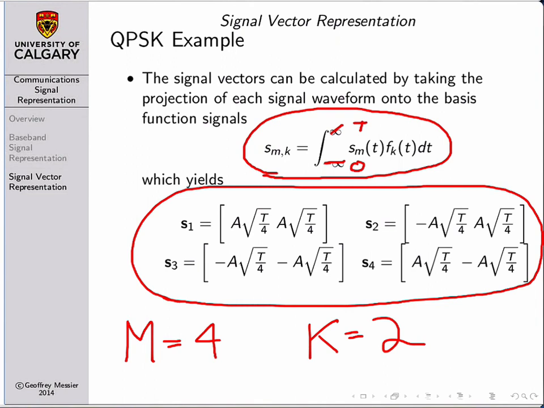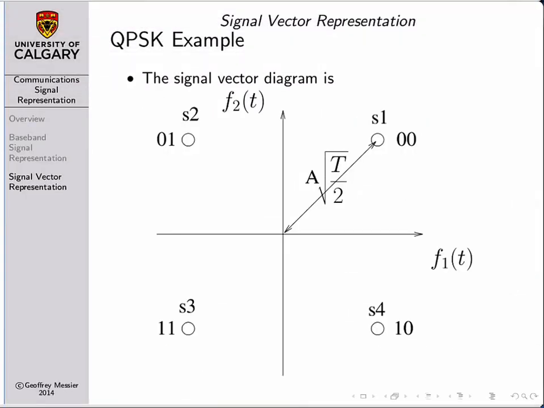And because it is 2-dimensional, it makes it very easy for us to draw. And so we can produce a signal vector constellation diagram where each of the signal vectors is a point in vector space. So this is S1, this is S2, S3, and S4. The x and y values of each point are just equal to the values from the signal vectors.